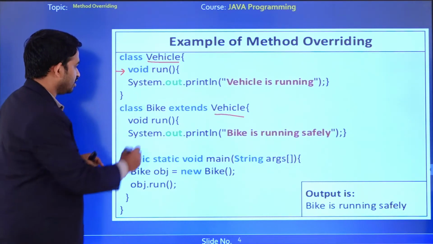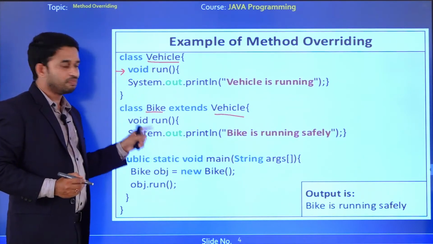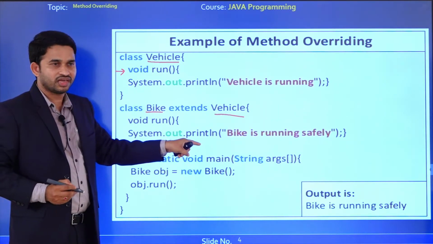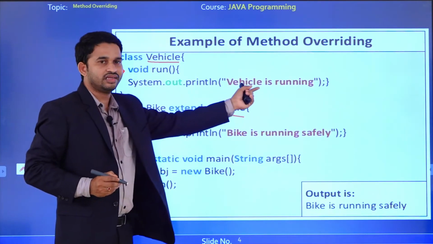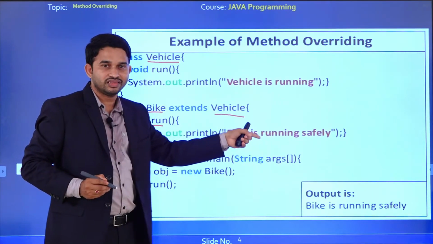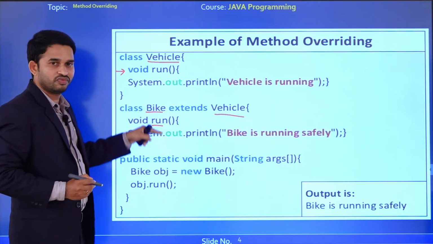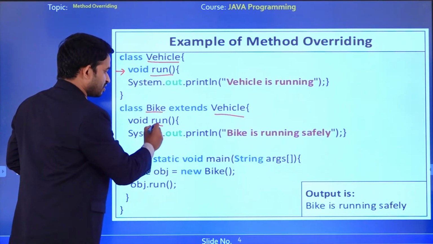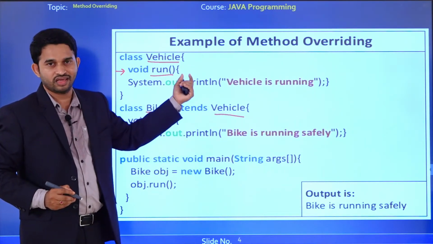In this Bike subclass, I declare the same method but with a different implementation. The method name is run, but implementation-wise, in the superclass run method it is Vehicle is running, and here it is Bike is running safely. It is a different implementation in the Bike subclass. Same method name with different implementation. That is the beauty of method overriding.